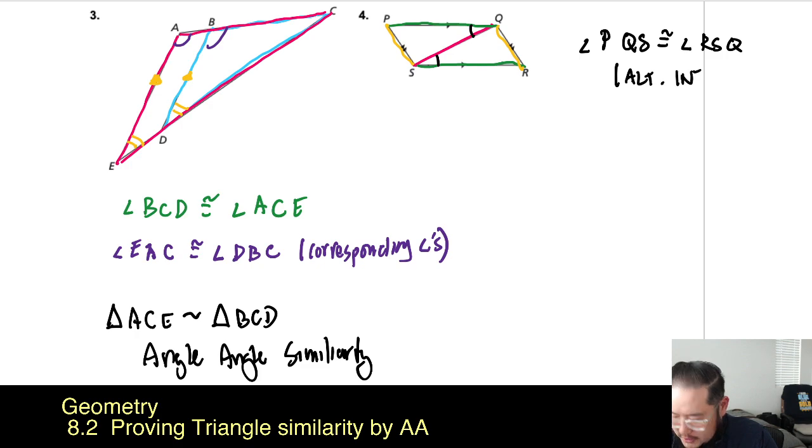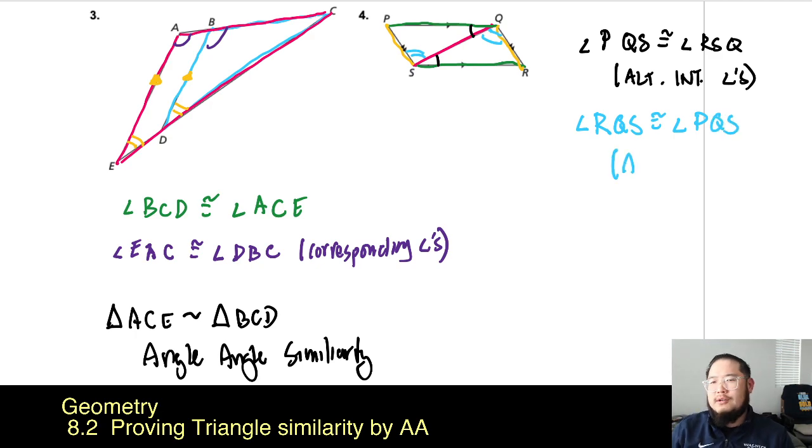We also can say that, let's use this color right here, angle RQS is going to be congruent to angle PQS. So I'll put angle RQS is congruent to angle PQS. And once again, we have alternate interior angles.